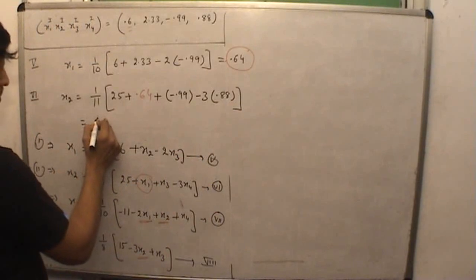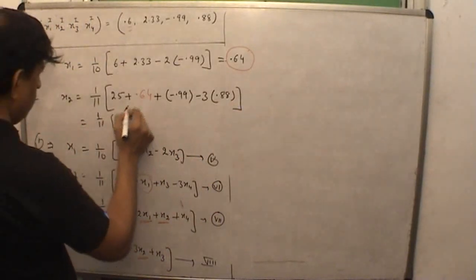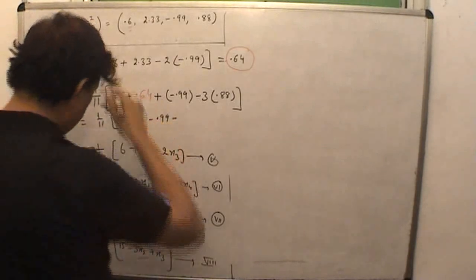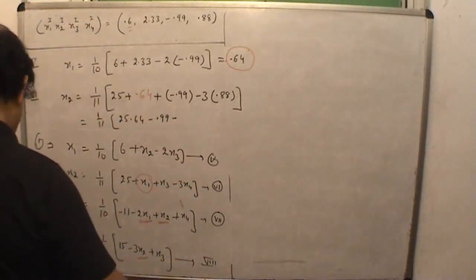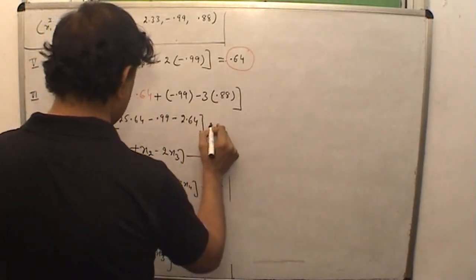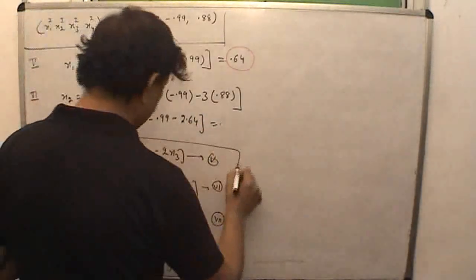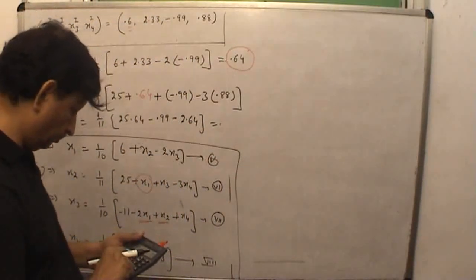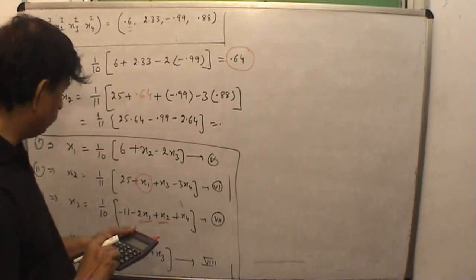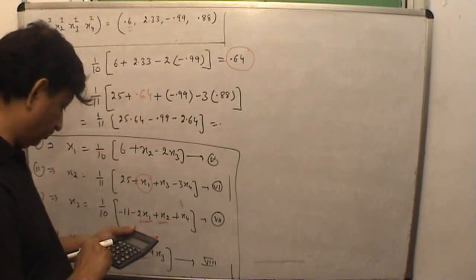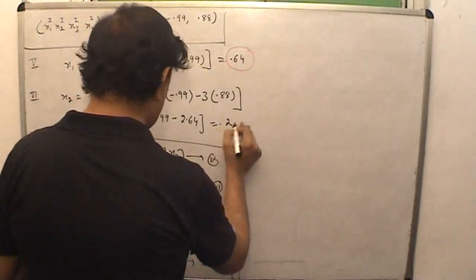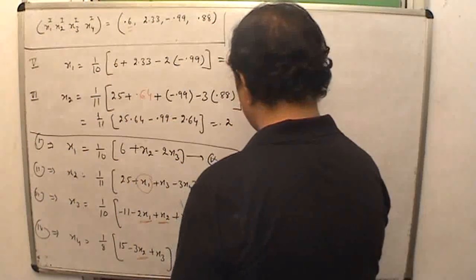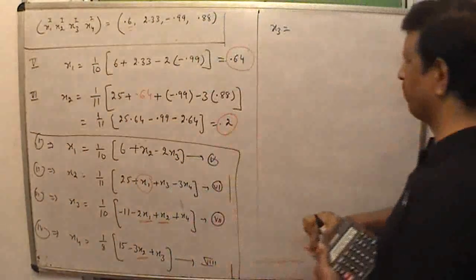That is equal to 1 by 11 into 25.64 minus 0.99 minus 2.64, and that is approximately 2.